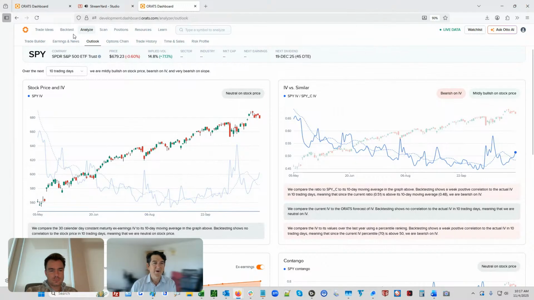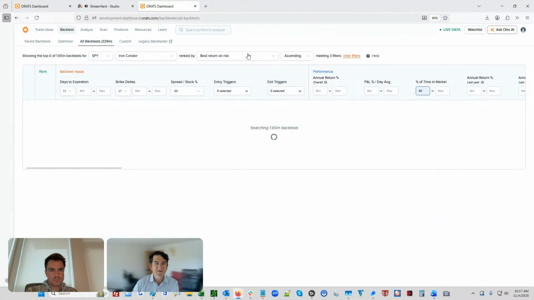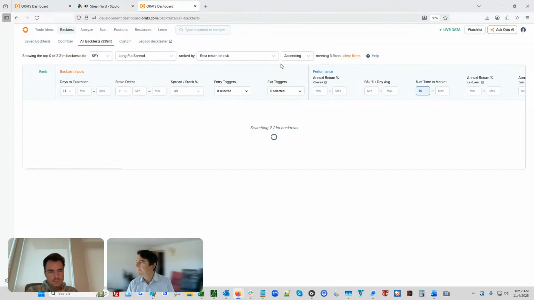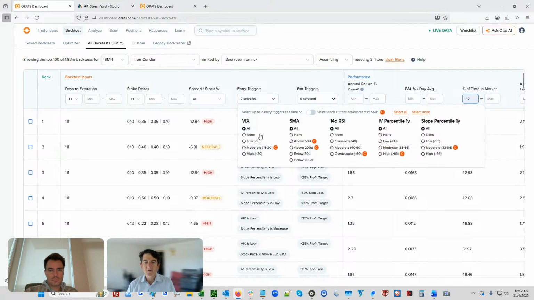And so one of the ways we look at this is we backtest certain strategies for certain types of markets. We've broken out different symbols.